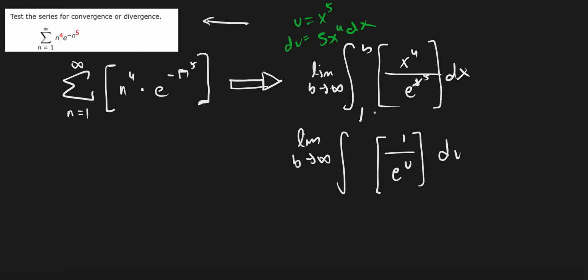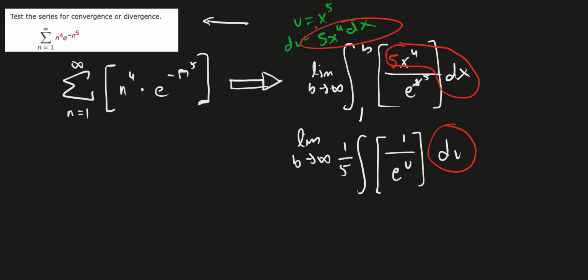And we forgot the 5, so sorry about that. I have to add a 1/5 outside. That's basically because we have our 5 here, and then 5x to the fourth dx is du, and then we have our e to the u because of that, and that's it.